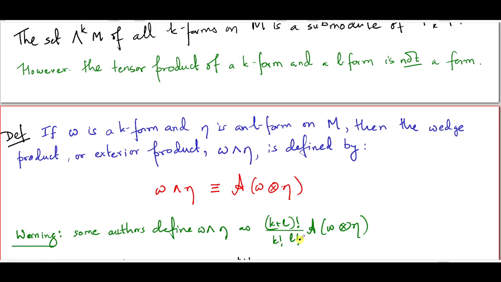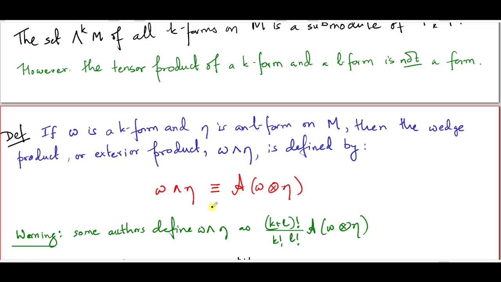However, they have the disadvantage that they make other expressions more complicated. So, on the balance of it, there is nothing much to be gained by putting in this extra factor, but you have to be aware that certain authors do use this. So, if you're consulting some textbook, you should make sure which particular definition of the wedge product is being used there.